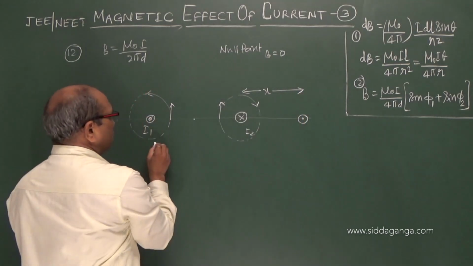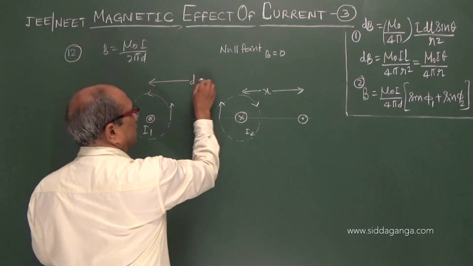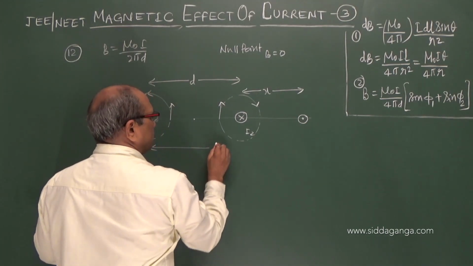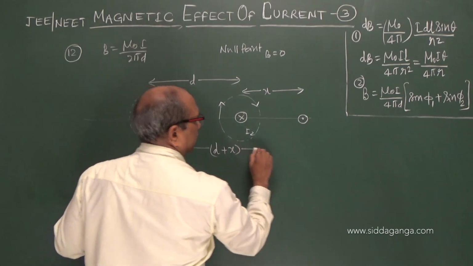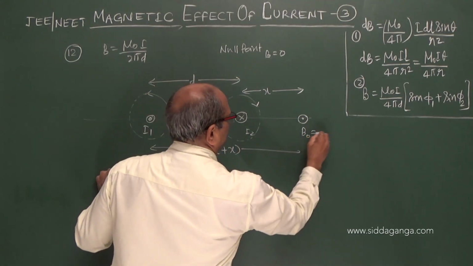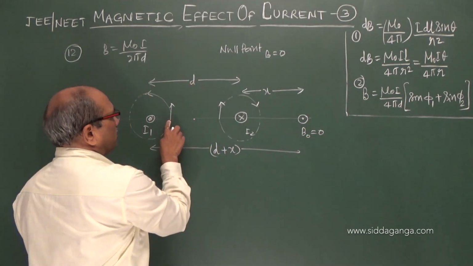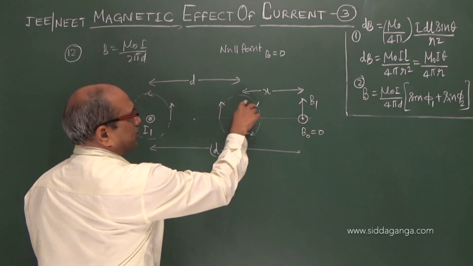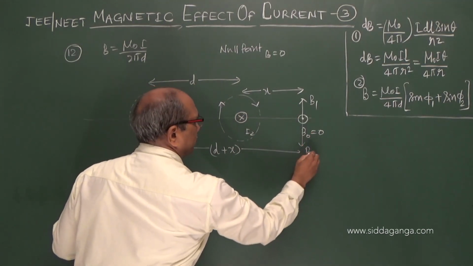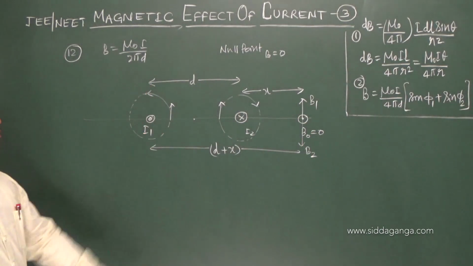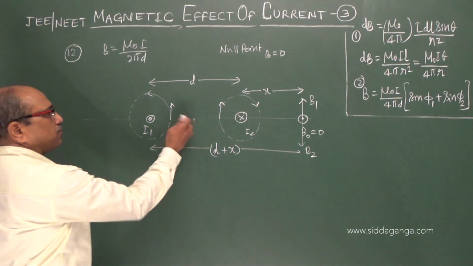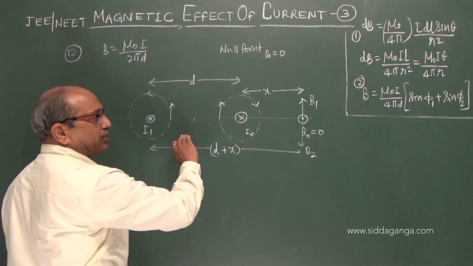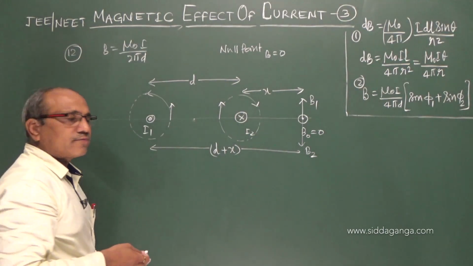If the separation is D as earlier, then from the conductor I1 the distance is D plus x. Any point you move outside, the field of B1 is upward but B2 is down, so the net field becomes 0 at the outside point. Inside it cannot be. If the currents are in opposite directions, the null point is away from the two conductors.